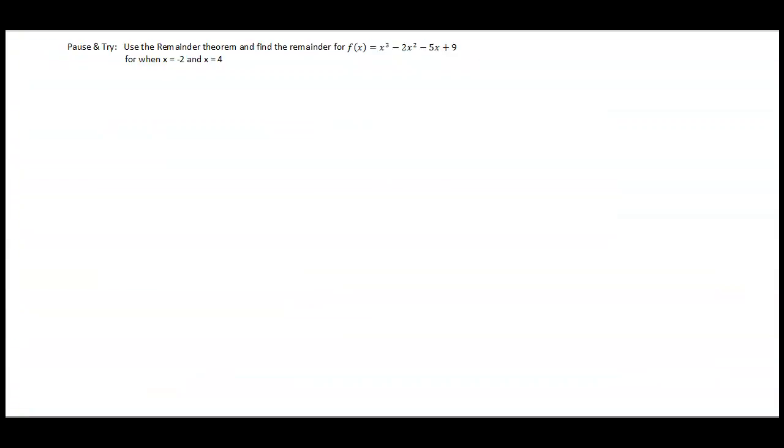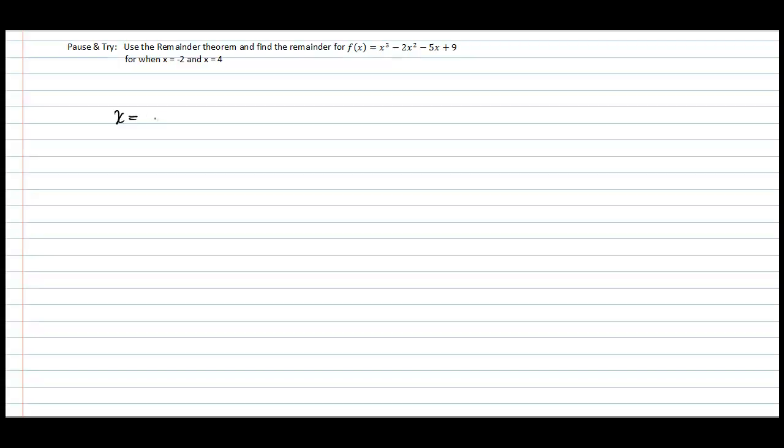Go ahead and pause and try to use the remainder theorem to find the remainder for the given function for when x is negative 2 and positive 4. Let's evaluate the function at negative 2.